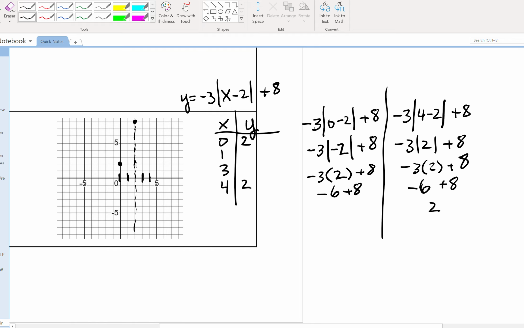Once again, here at 4, we're at 2, so we see that symmetry coming through, which means we've found the right value for the axis of symmetry, the vertex.